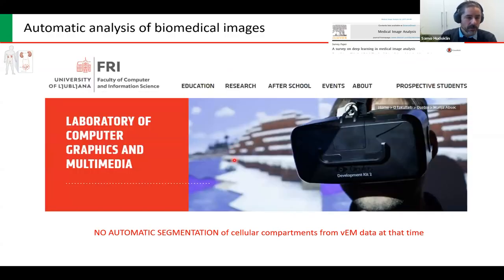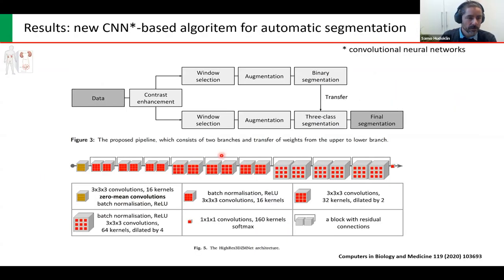So at that time, we said, then let's do it on our own, and we contacted a group in the Faculty of Computer Sciences at the University of Ljubljana, and they took the challenge, and together we developed new algorithms for segmentation of fusiform vesicles and other organelles within eukaryotic cells.